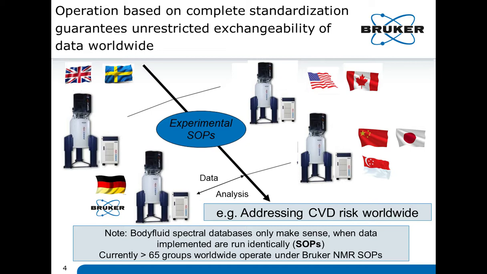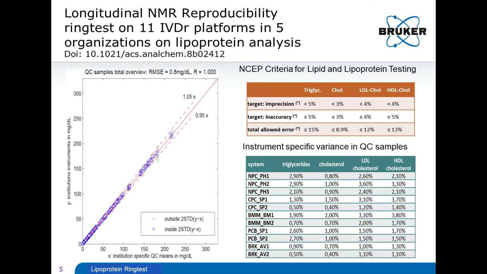These SOPs act like an internet protocol, because that makes it possible that everybody under these SOPs can connect with each other, and of course we can also connect from the Bruker side and do some data analysis, for example.